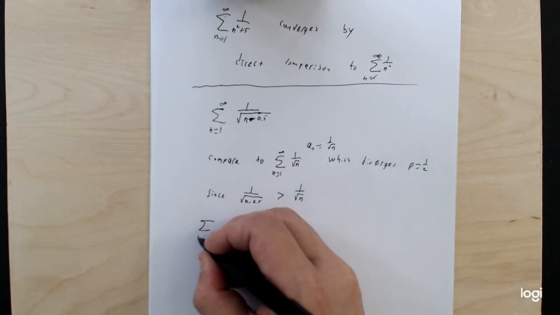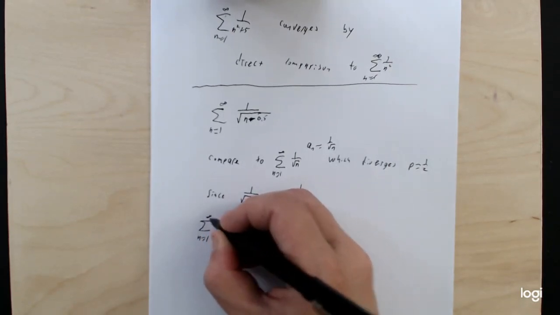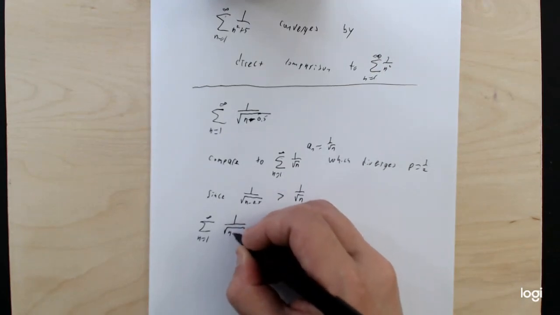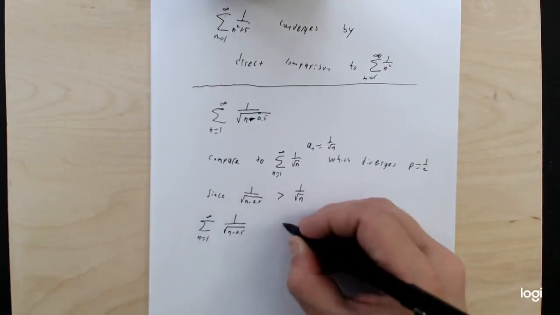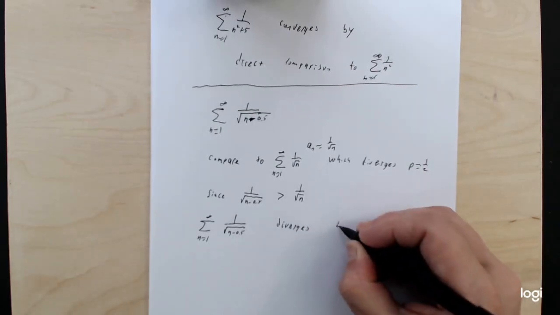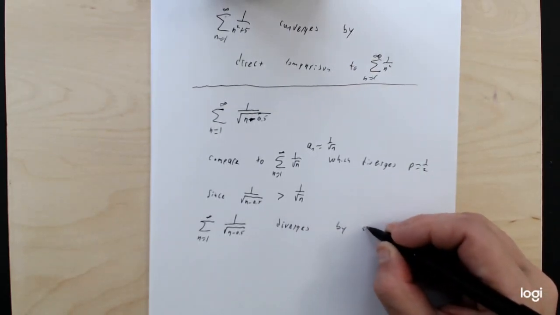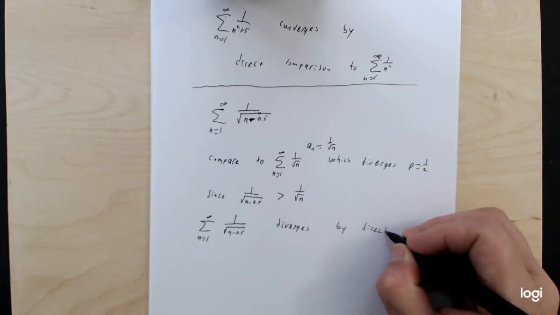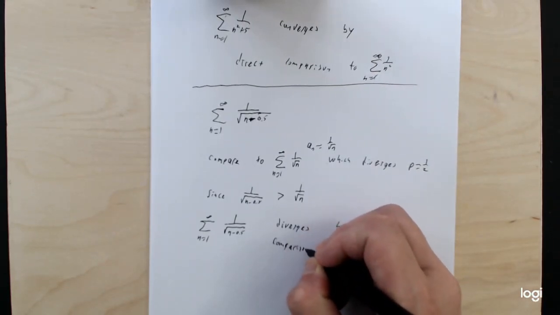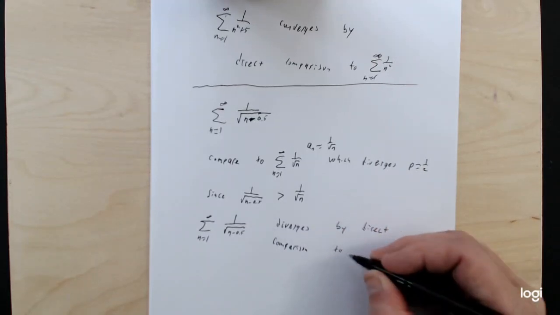And we can conclude that our original series diverges by comparison to the sum of 1 over root n.